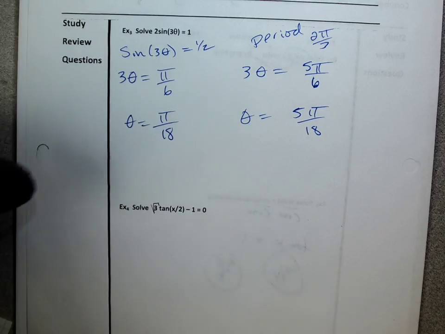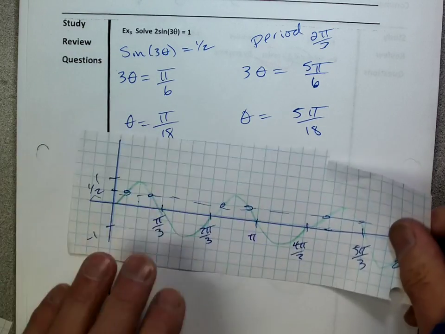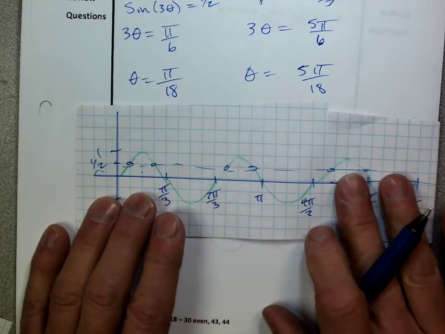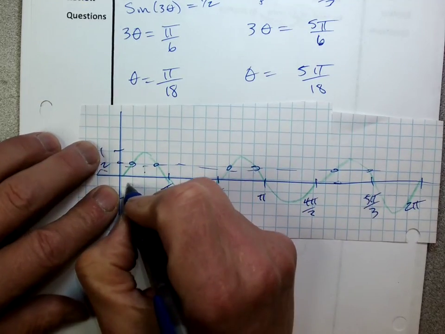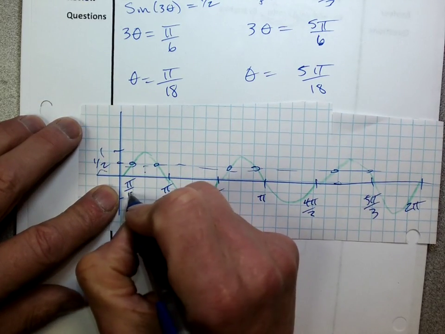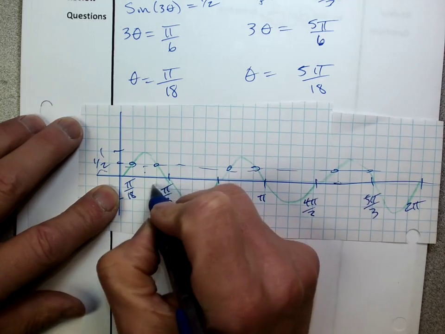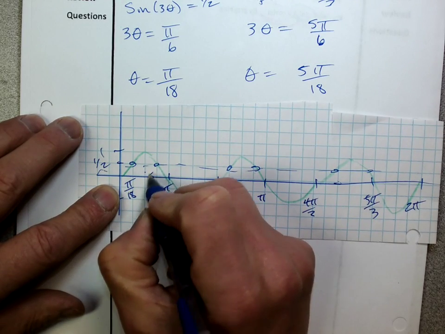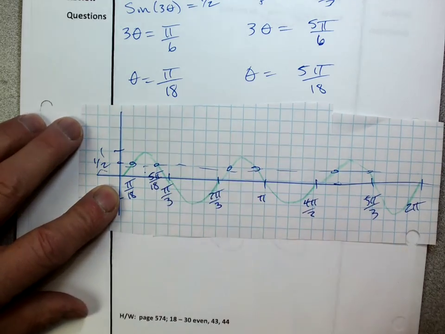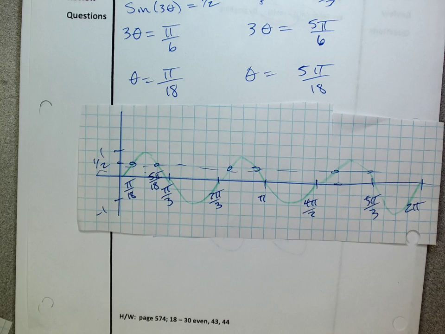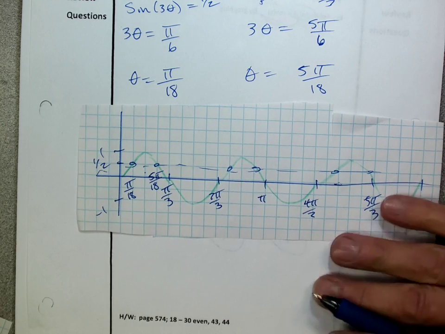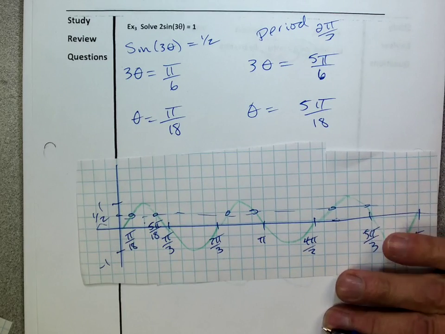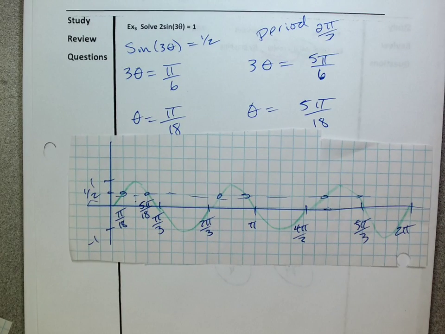So let me look at my graph. You guys have that? So on my graph, this is pi/18. And on my graph, this is my 5 pi/18, all right? Does that make sense? So graphically, let's see what we have, okay?